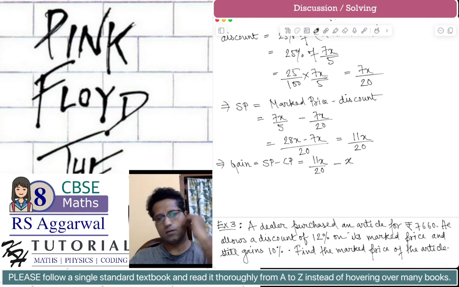Oh, why is it coming negative? 28x minus 7x is definitely not 11x. It is 21x. So these kinds of silly mistakes I often make. I keep on making this kind of silly mistake. Okay.